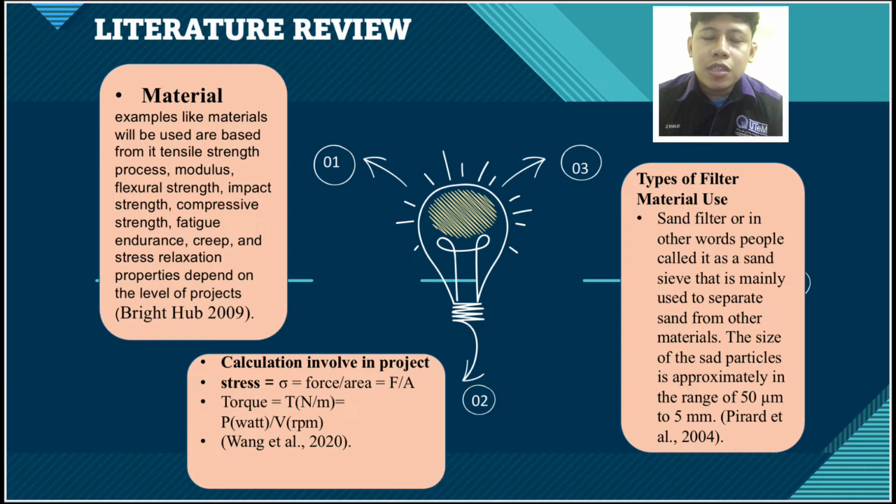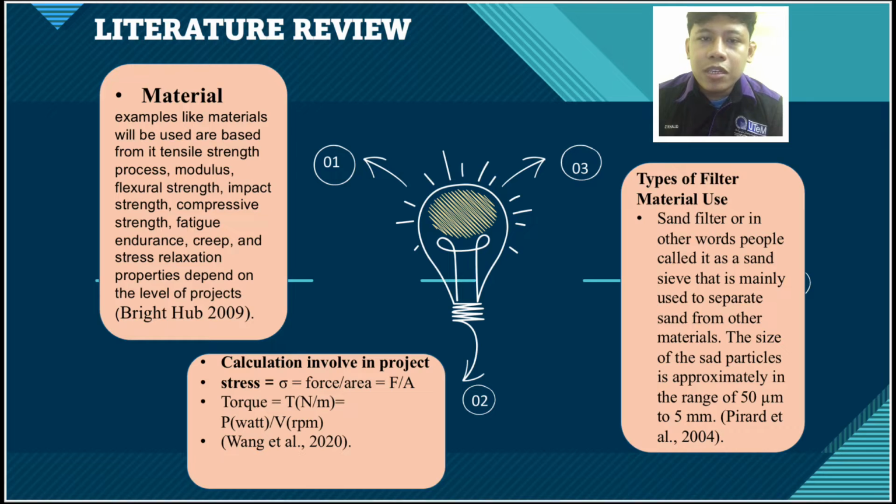And this material was also chosen depending on the level of the project. So mostly the basic material used for this project is metal. The calculations involved in this project are stress, where the formula is stress equals force per area, and the second one is torque, where the formula is power divided by velocity.